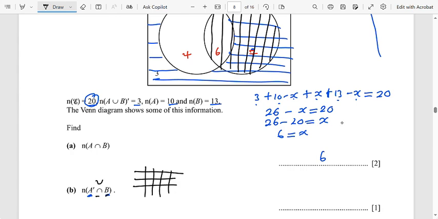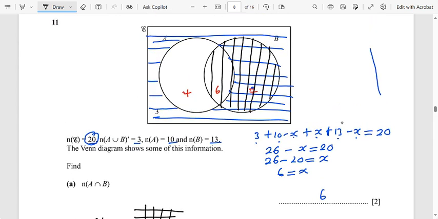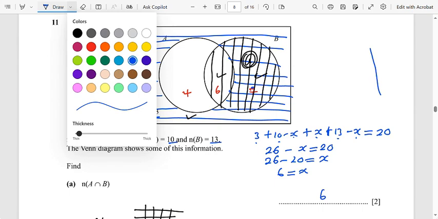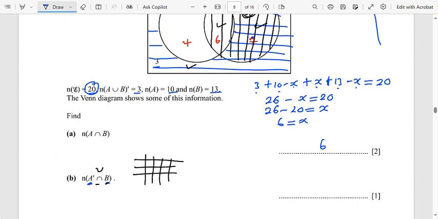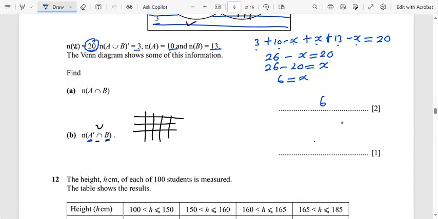But when they say union, I'm looking at wherever I would have shaded. If it's union, I shaded this region, this region and this region, and I would collect all the elements within those regions. But now that they want the intersection, I can see that this is the region where the horizontal and vertical lines intersect. How many elements are there? We only have 7 elements. So the answer is 7.